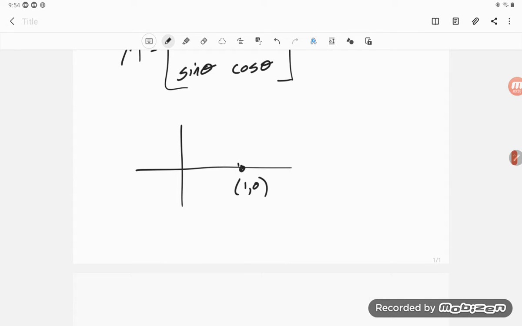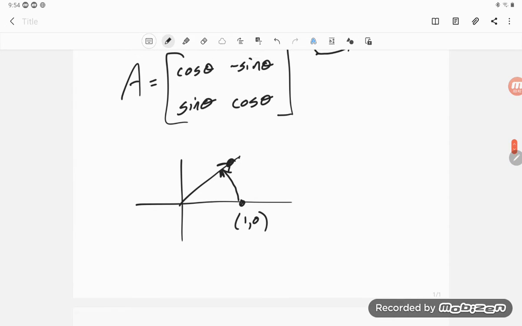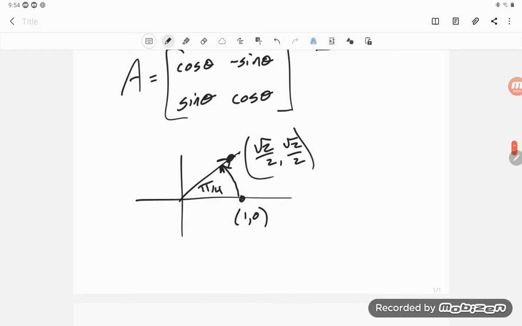And if I wanted to rotate that by 45 degrees up to here, so there's pi over 4, then I know that point ought to be the square root of 2 over 2, the square root of 2 over 2. Okay, and let's check out this matrix to see what happens.